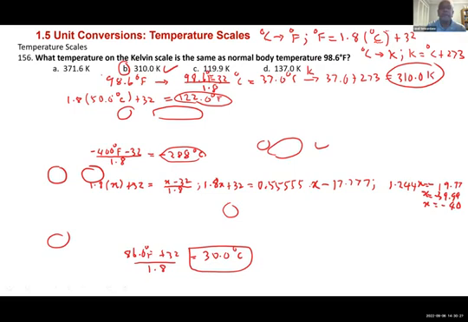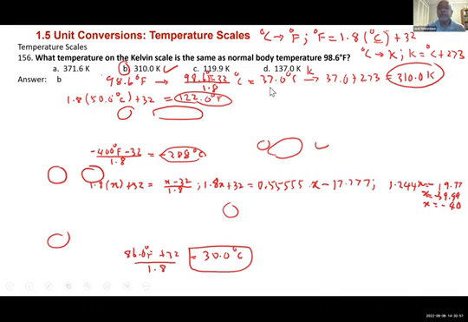Kelvin? First, you have to convert it to Celsius. How do you do Fahrenheit to Celsius? Celsius to Fahrenheit is given. You undo these things. You go backward. You subtract 32 from the Fahrenheit here, and that divided by 1.8 here.